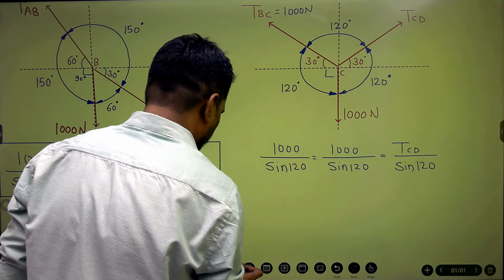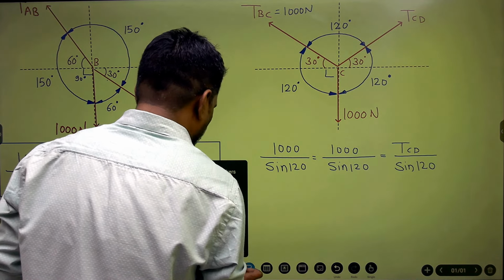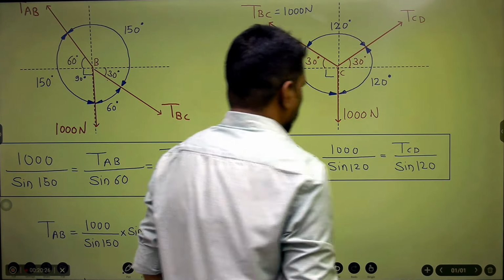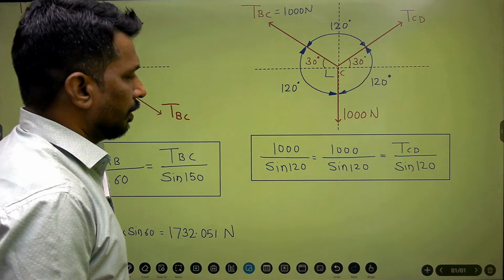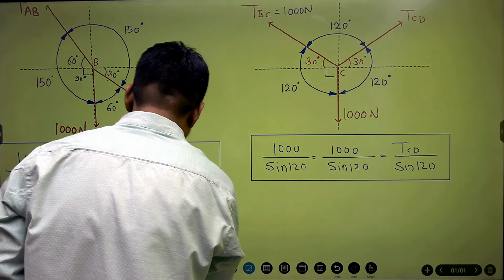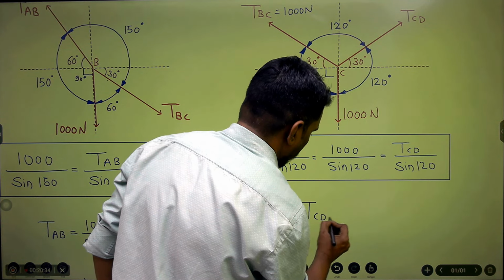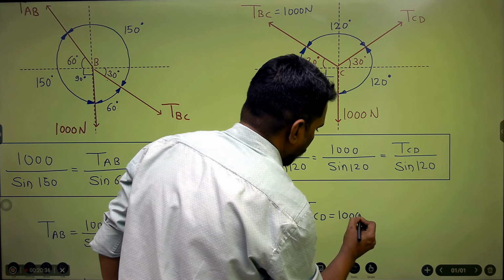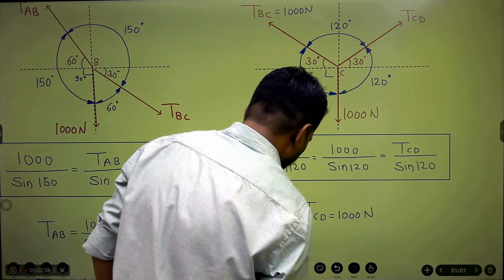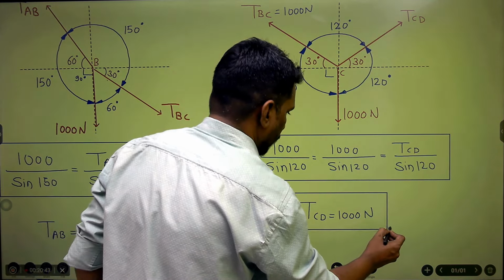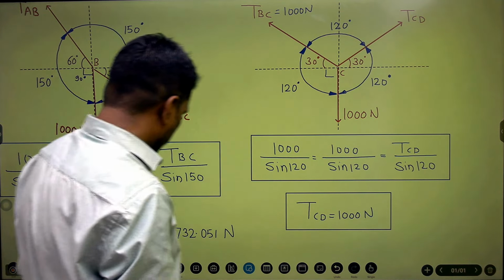This is the equation I'm getting after applying Lami's theorem. If you equate any of these, you will get TCD by observation only. You can say TCD is equal to 1000 Newton. So this is the answer for the TCD.